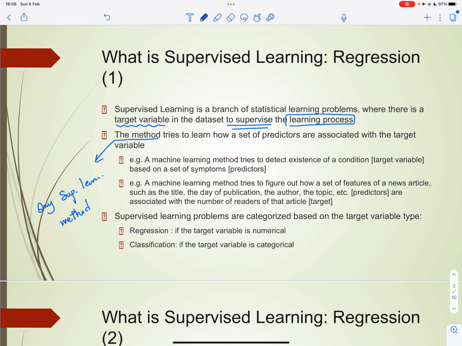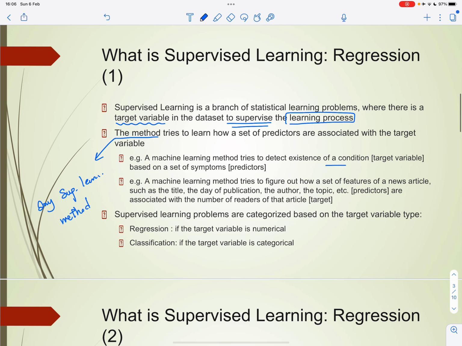Two examples. A machine learning method tries to detect existence of a condition. So this is a target variable, existence of a condition, based on a set of symptoms, and these symptoms are predictors.